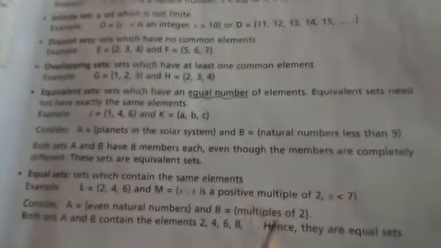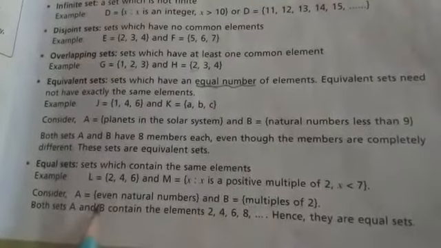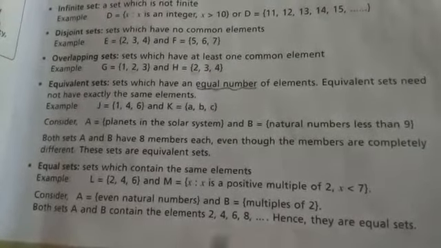In set M, positive multiples of 2 less than 7 are 2, 4, 6. So the sets have the same elements and are called equal sets. Now consider A is equal to even natural numbers and B is equal to multiples of 2. You all know that all multiples of 2 are even numbers, so these are equal sets.